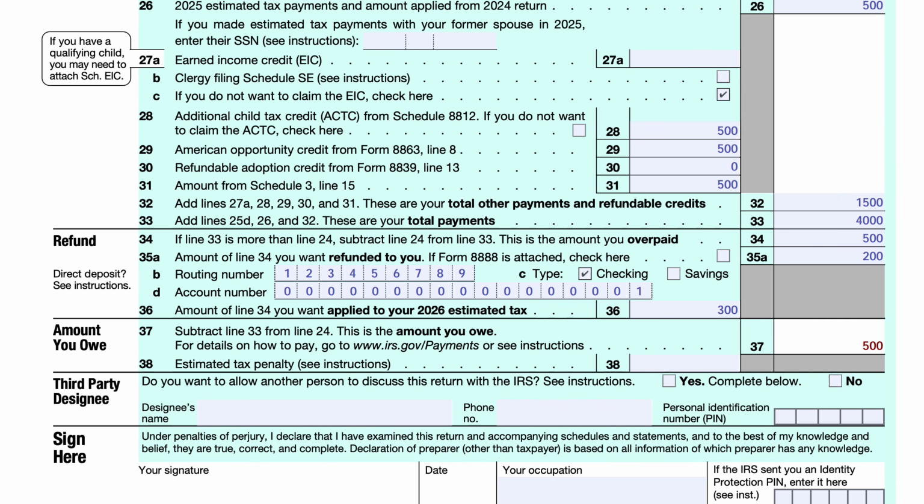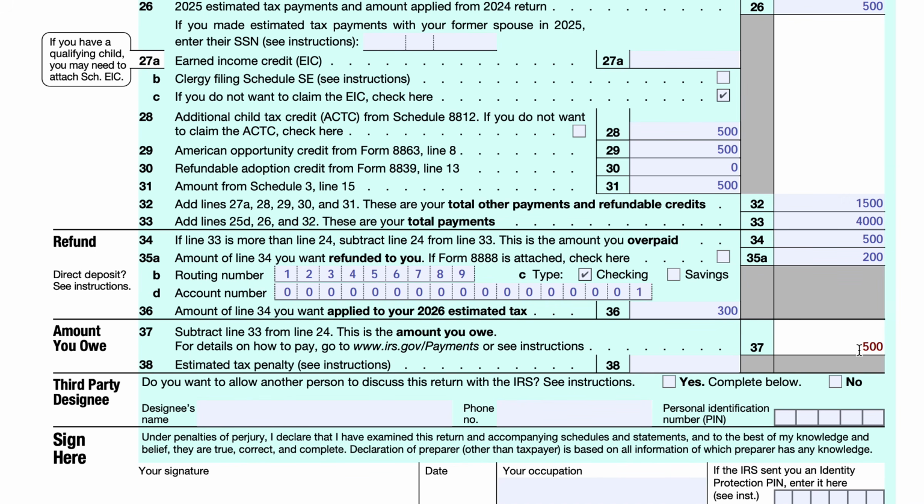So you may owe a tax penalty if line 37 is at least $1,000 and it's more than 10% of the tax shown, meaning that you did not pay 90% or more in estimated tax throughout the year, or if you didn't pay enough estimated tax by any of the due dates. So this could happen even if you're due a refund. So generally speaking, the guidance is if the tax due is less than $1,000, then you probably don't need to calculate an estimated tax penalty. There is guidance in the instructions if you need to do that.